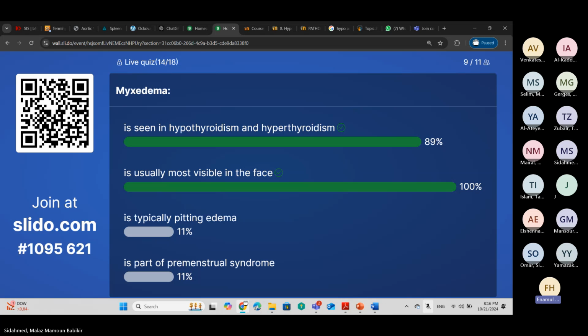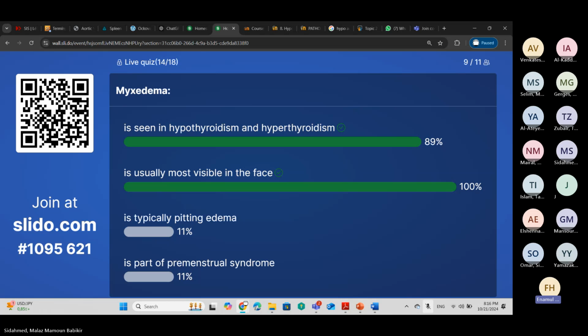And the second point is true. This is especially for hypothyroidism. Typically, pitting edema, that is not the case. And this is because, let's take the pretibial myxedema in hyperthyroidism as an example. The mechanism is that there is a proliferation of fibroblasts, and that is what causes the non-pitting edema in pretibial myxedemas.